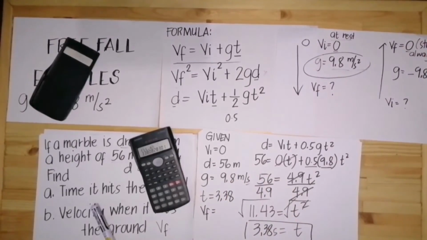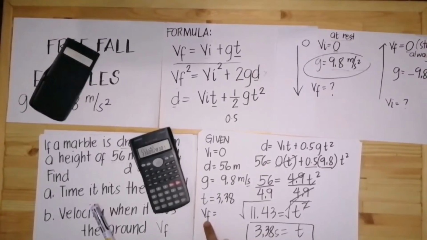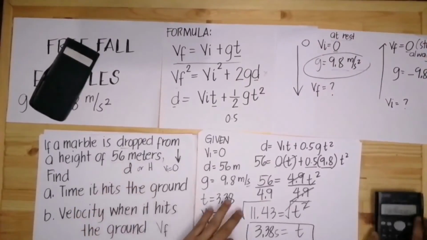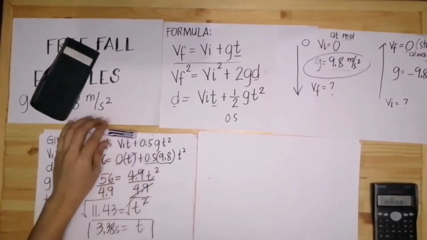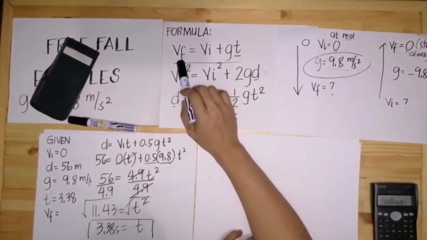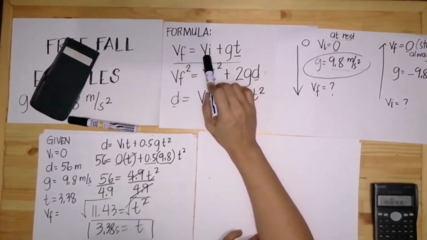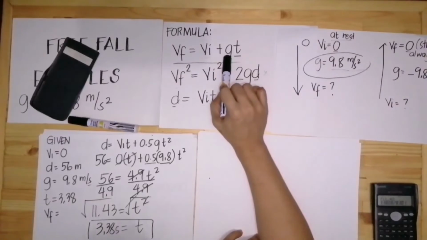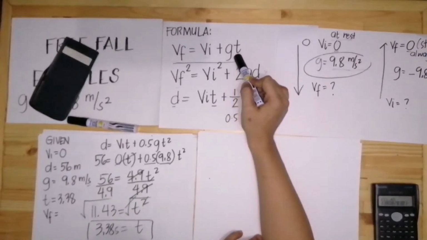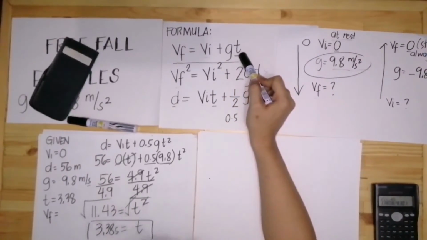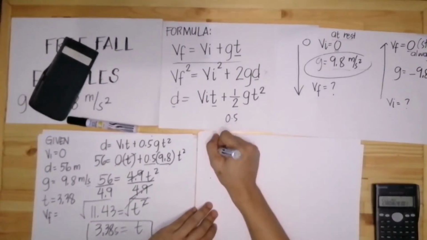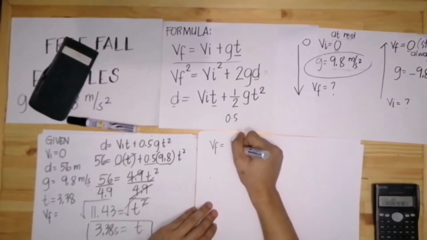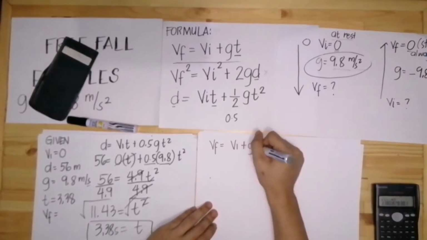Now let's have the final velocity. To solve for that, we need the formula again. May final velocity ang hinahanap. Meron ba tayong initial? Yes, meron na tayong gravitational acceleration. Then we found out already the time, so may time na rin tayo, 3.38. So therefore, we can already use this. So Vf equals Vi plus Gt.